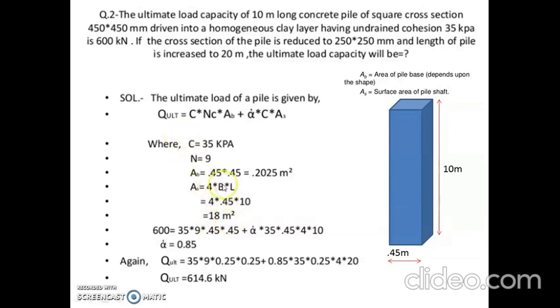Now I will substitute all these values in the equation to find ultimate load of the pile. So Q ultimate is 600 kilonewton, which is given in the problem.